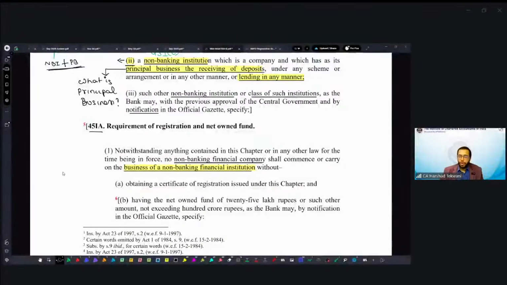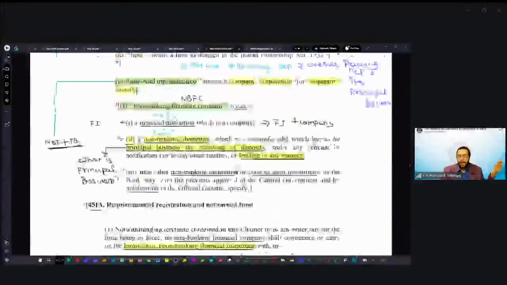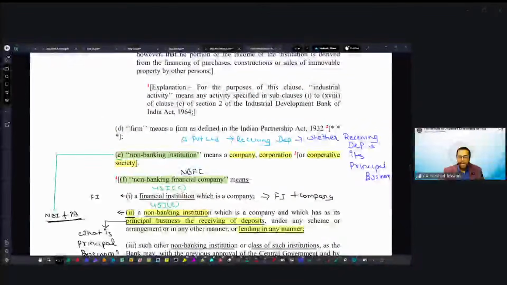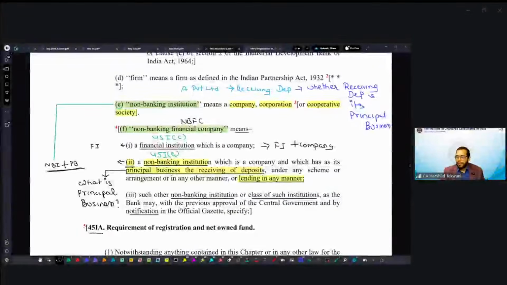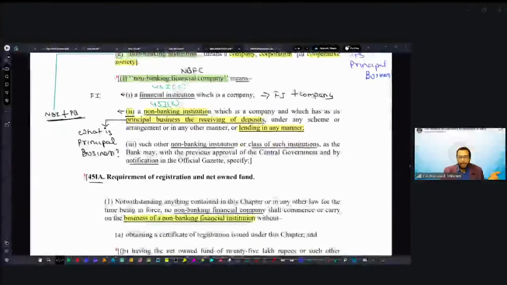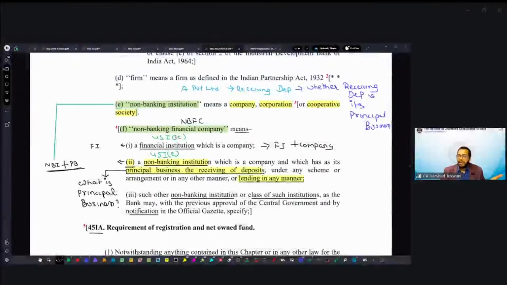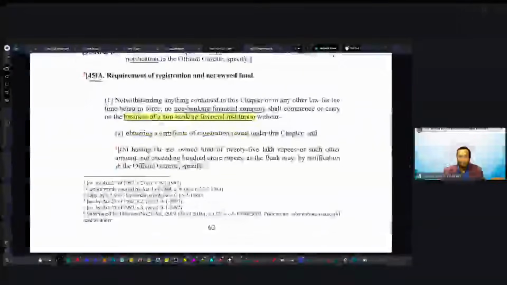So you can say that if you are into the business of NBFI, which is again pointing towards IC and IE or IF, you are required to get registration. So you can start with 45IA, NBFC and business of NBFI. NBFC will take you to the F, and F will take you to the C and E, and business of NBFI will take you to the A part.